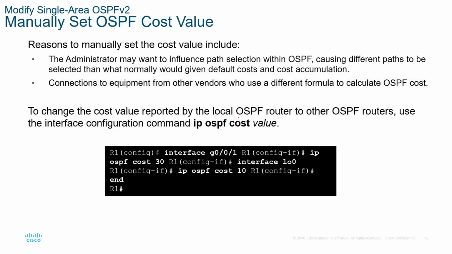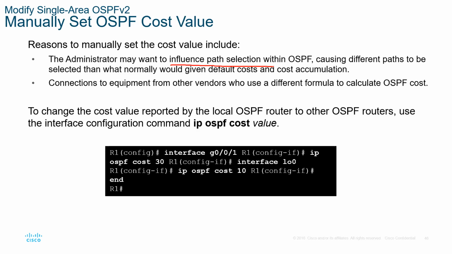But you can manually set the cost value. The reason to set the cost value is that sometimes the administrator wants to influence the path. You want to force your traffic to follow a particular path, causing different paths to be selected than what normally would have been given by the default cost and cost accumulation.